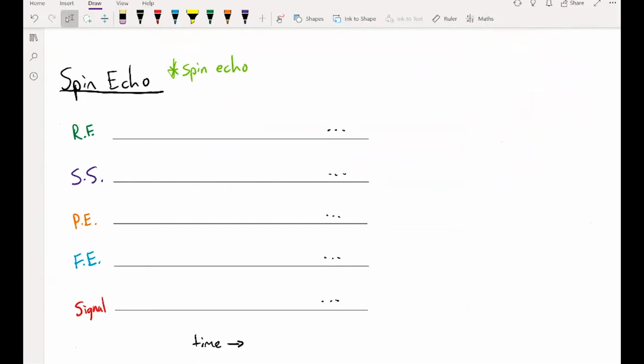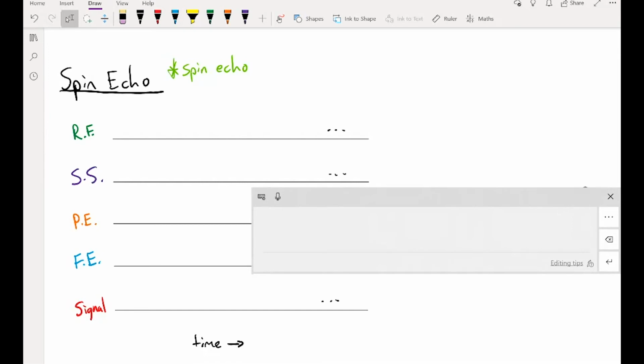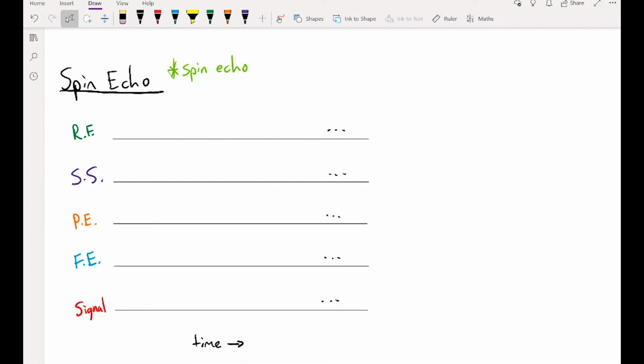So this adds one more layer of complexity, but is very important for many different sequences that we're going to talk about next time. The concept in spin echo is that instead of rephasing our spins for the echo with gradients, using those negative gradients to reverse dephasing that we had in the gradient echo pulse sequence diagram above, what we're going to do is use a 180-degree RF pulse to switch the spins around, essentially.